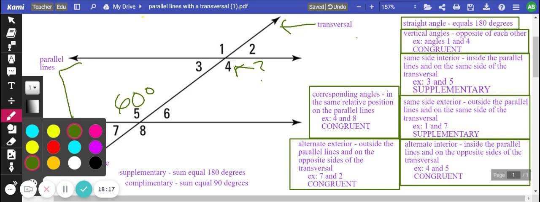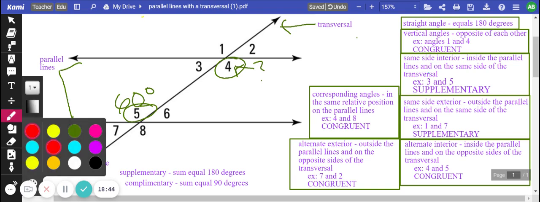Okay, so we would need to look at our rules, and we could say, all right, well, it gives us 5. Now, what rule does angles 4 and 5 follow? Well, they're both on the inside, so that means they're interior, but they're on the opposite sides or alternate sides of the transversal.